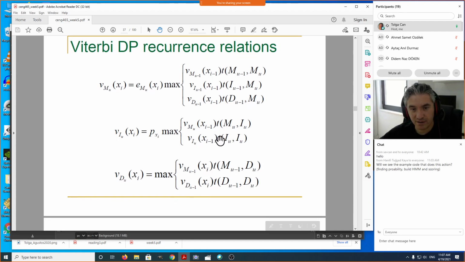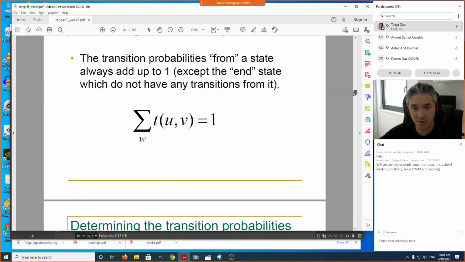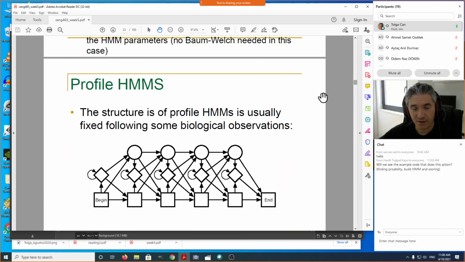But I think there's a discrepancy here for the insert state. An insert state could be preceded by itself, by the match state, but it can also be preceded by a delete state. That's the missing term here. Let's quickly take a look at the possible preceding states of an insert state.